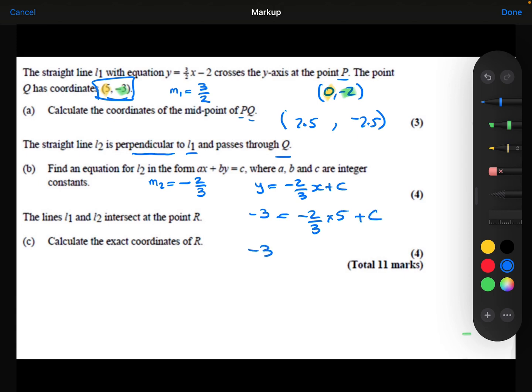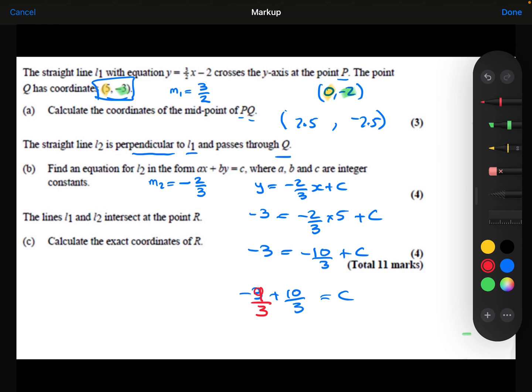So let me now work out the y-intercept. Minus 2/3 times 5 is minus 10 over 3. So c is minus 3 plus 10 over 3. The minus 3 is the same thing as minus 9 over 3 with a common denominator.